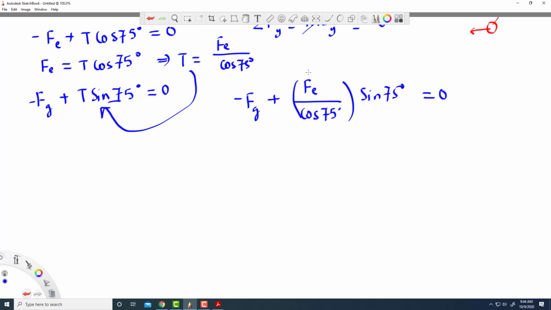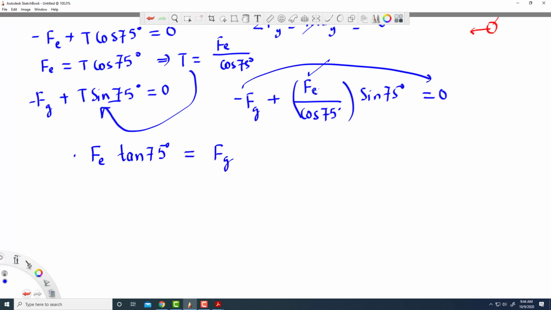So we want to find Fe, so write this in terms of Fe. So take this Fg to this side, so Fe, sine over cosine is tan 75 degrees, is equal to Fg.